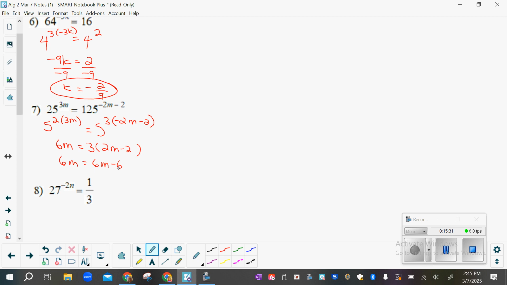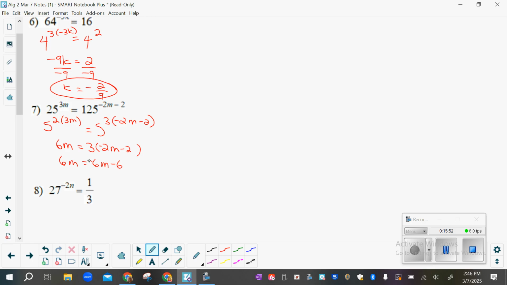So now, what do I do next to solve for m? Would it be -2? Sorry, this was a -2. I'm a copier. Good catch, Aiden. So this should be a -6m minus 6. And then what would be my next step here in this group?